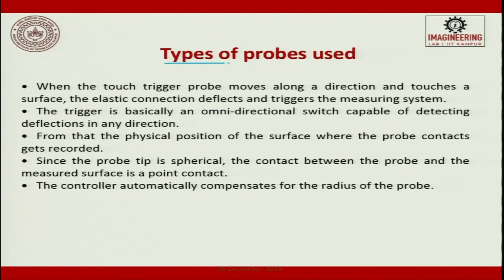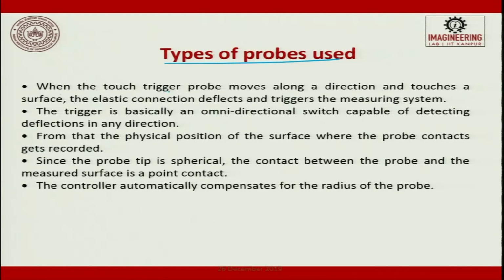When we look into the last part of the components, they are the types of probes. So, when the probe touches the part, what happens? It tries to trigger. So, now the triggering mechanism has to be included in the probing head. That is what we will try to see now.